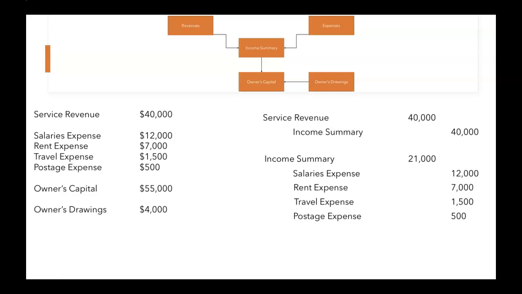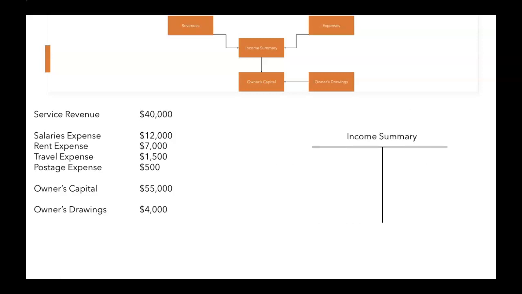Now step number 3 is to close Income Summary to Owner's Capital. Before we make that entry, we need to figure out the balance in Income Summary. So we're going to make a T account. In the first entry, we credited Income Summary $40,000, and then we debited Income Summary $21,000. So its balance right now is a credit balance of $19,000.